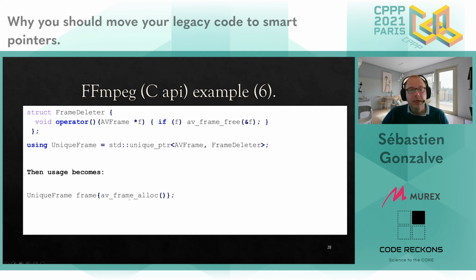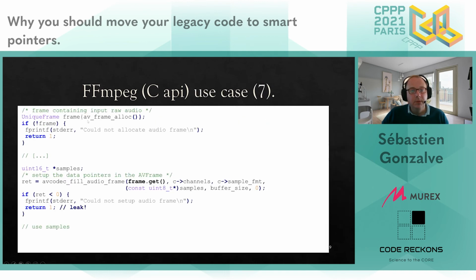So the code becomes really simple, as you may see here. I use my unique frame, and then it's okay. So this is really powerful, and this is really helping cover a lot of bugs when using such C APIs.